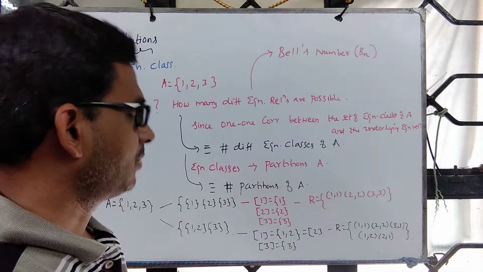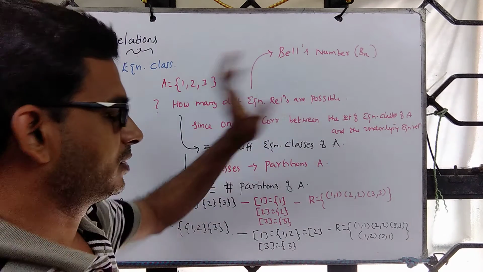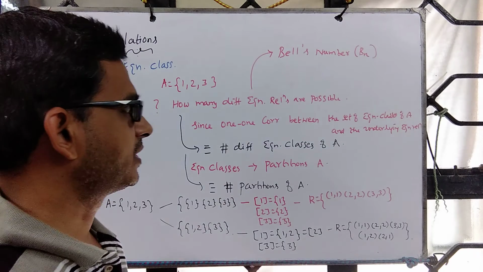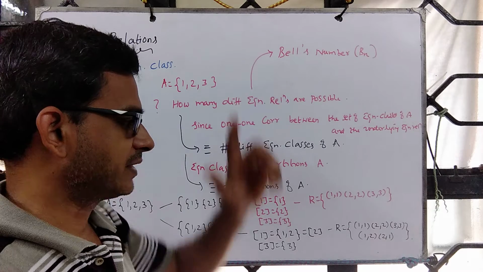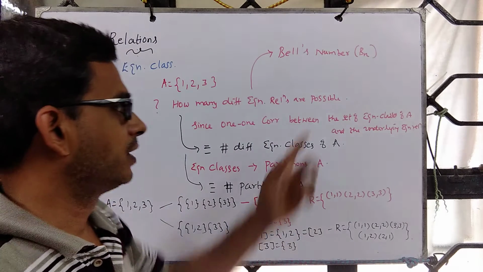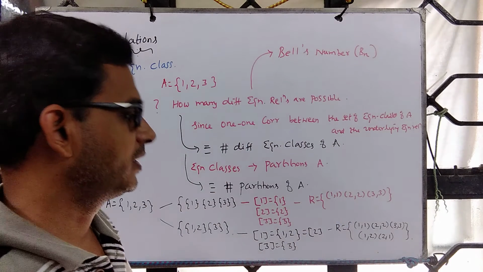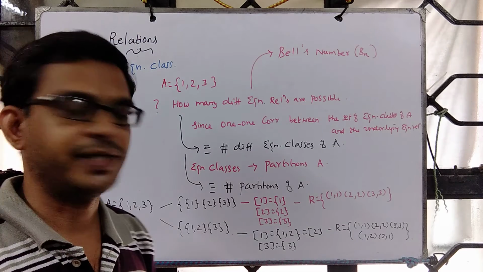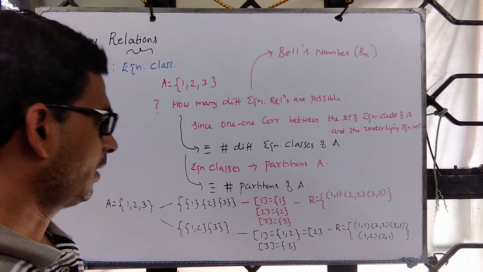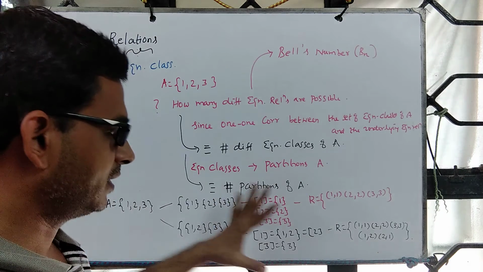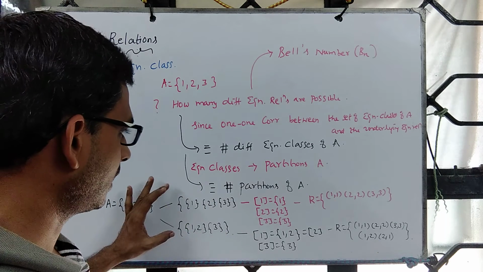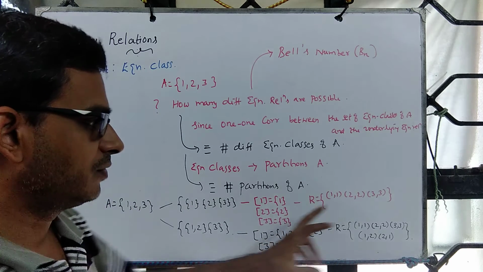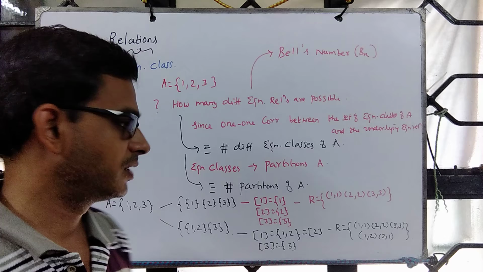We will discuss the details as part of the problem session. You can also refer to my scribe, where the expression for Bn is given and how it is arrived at. But one should understand this interesting relation between partitions, the set of equivalence classes, and the equivalence relation.